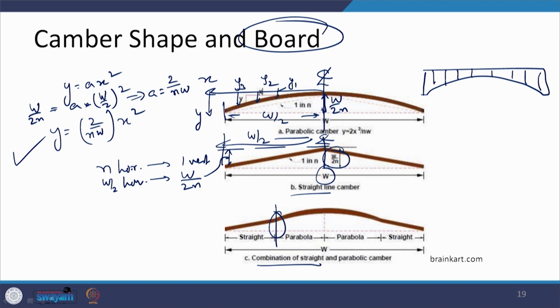So, all of these things, if we talk about this as a center line, those y's have been defined in that form, all of these y's. So, when the construction is being done actually, then this board is kept on top of the surface of this particular carriageway, so as to see if there is any irregularity in the camber being created. If there is an irregularity, then we have to rectify that, so that we get a good smooth surface on the road.